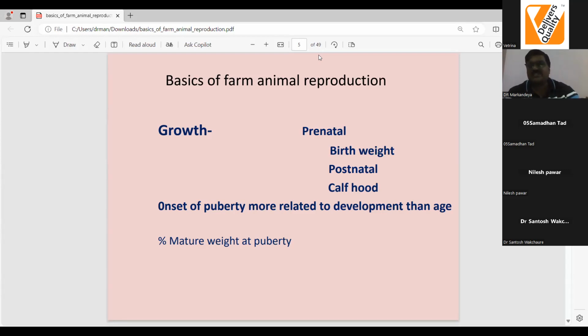Forget about this. The total birth weight is controlled by the mother. It is not controlled by the sire. It is controlled by the dam, and therefore the dam will always control the birth weight, and accordingly a sizable fetus will be delivered. So there is no need to worry about the higher birth weight.